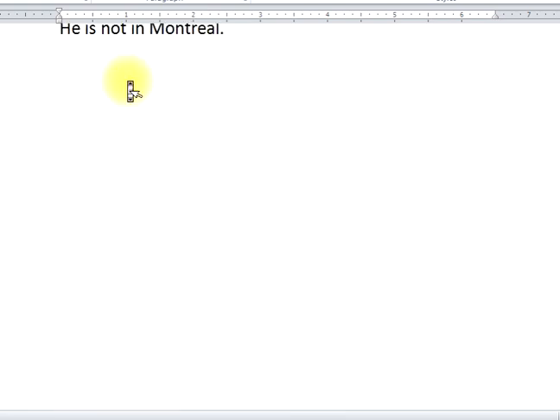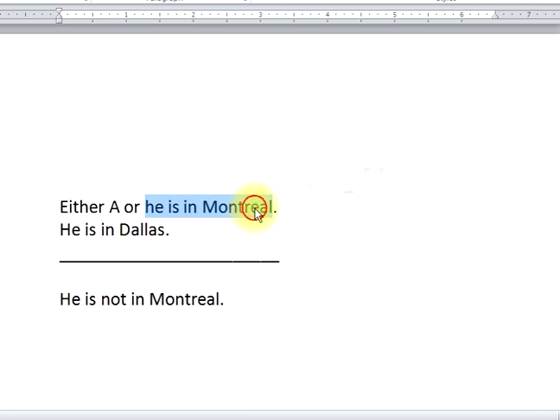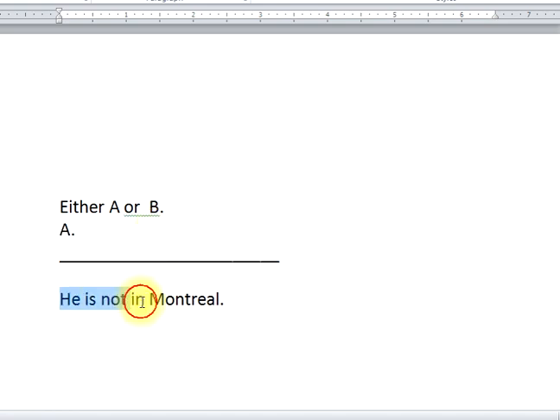You realize though that if we had done this, either A or B, and then down here we did A, then we could not say down here not B, because we just don't know enough content to understand that this was really exclusive.